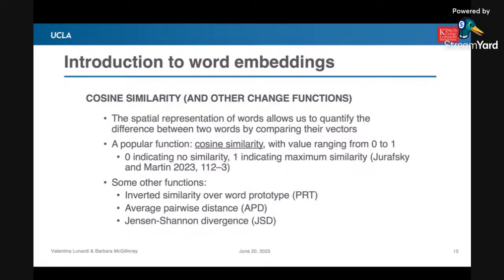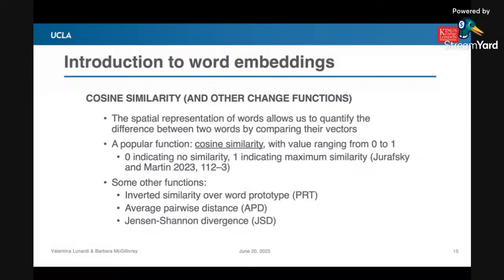A very popular function that's used for this is called cosine similarity, which, well, it's a bit more complicated than that, but it calculates the cosine of the angle between two vectors, and that gives you a distance measurement between the two. The value ranges from 0 to 1, where 0 means no similarity at all between the two vectors, and 1 means the two vectors are identical.